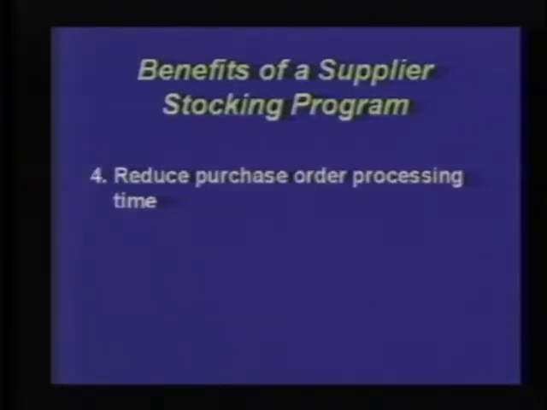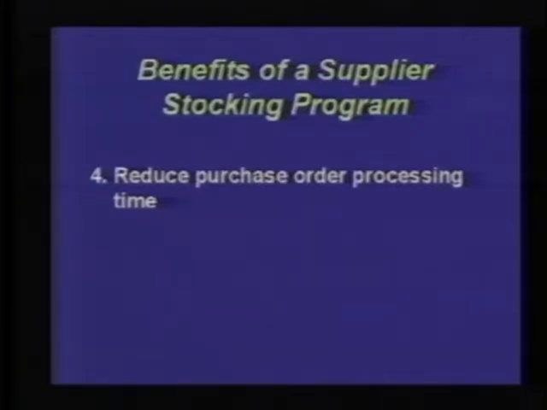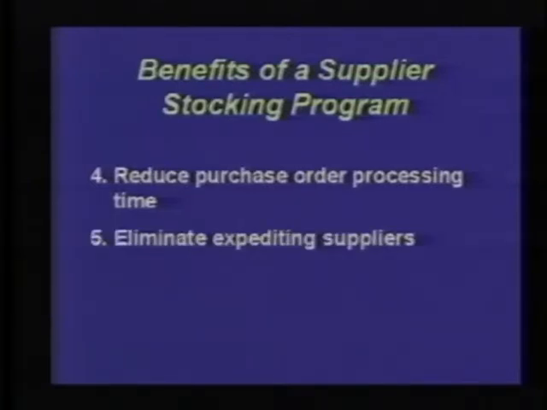You're going to reduce purchase order processing cost, which is beneficial to you. You're also going to eliminate expediting suppliers, because once you dial up and bring the data on a terminal in your storeroom, you know specifically what the supplier has on hand. That's when the supplier carries the inventory.